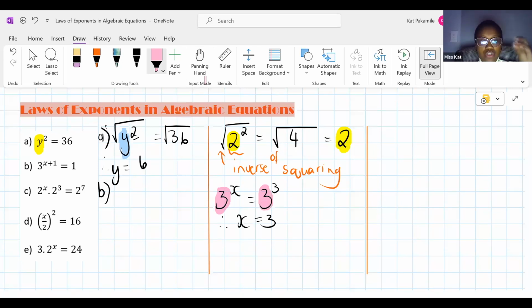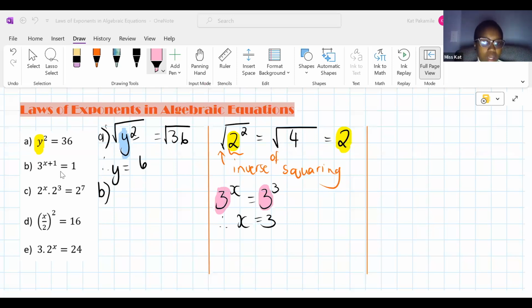So 3 to the power of something is the same as 3 to the power of 3. That something has to equal 3 for this equation to work. Do we all understand that concept? There we go, Emmanuel. Emmanuel was here when we were doing this over and over again. So the bases will fall away because the exponents have to be equal.